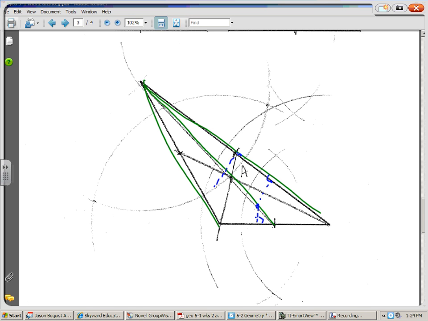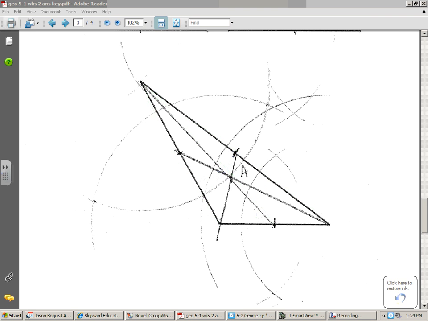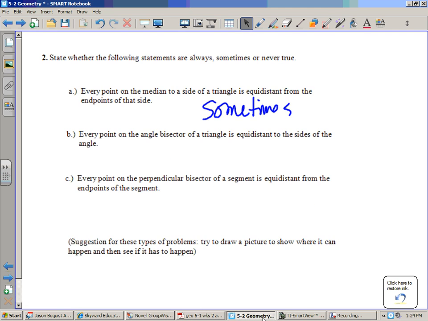There. Should it be the same based on what an angle bisector is supposed to do? Yeah, it should be the same. Okay. So, what should we answer for this one? Based on what an angle bisector is supposed to do, this is always.